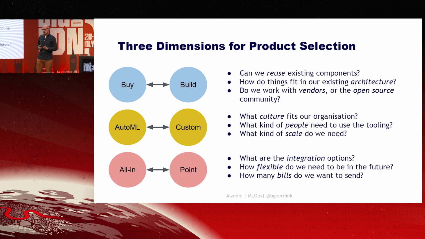And finally, another traditional architecture discussion, I think, but it's important to realize that it's still important. Do you want to have an all-in solution that does everything for you? You just install the whole tool set and it gives you the whole machine learning platform? Or do you want to have point solutions that maybe do one thing extremely well, but the other ones not so well or not at all? If I would say okay, hey, I'm going to step up to, let's say, Amazon.